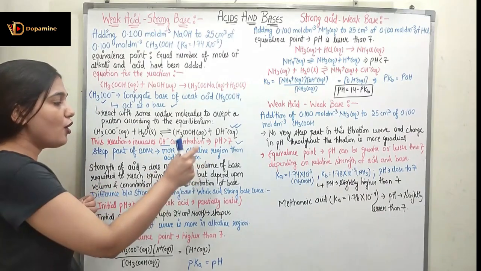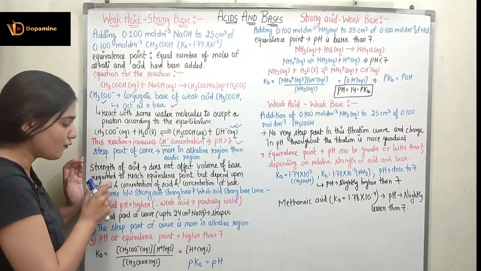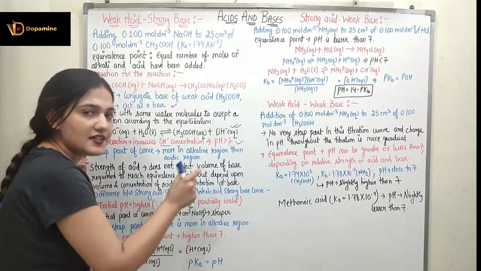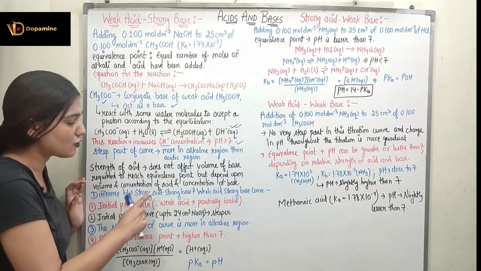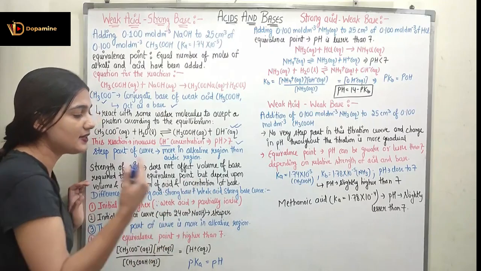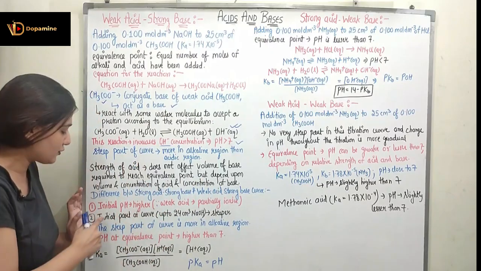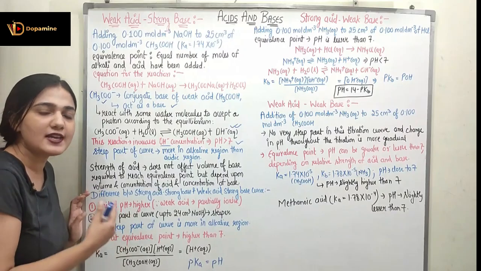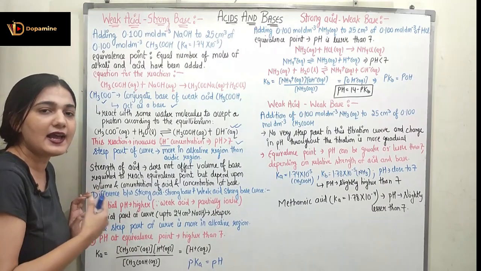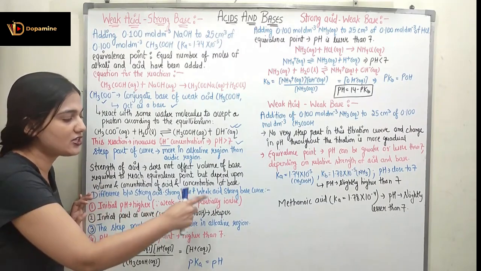Only the volume of the base depends upon the volume and concentration of the acid and the concentration of the base, right? Now coming to the difference between the strong acid, strong base curve and the weak acid, strong base curve, right? First is initial pH. Initial pH would be higher because here I have a weak acid which is going to partially ionize.